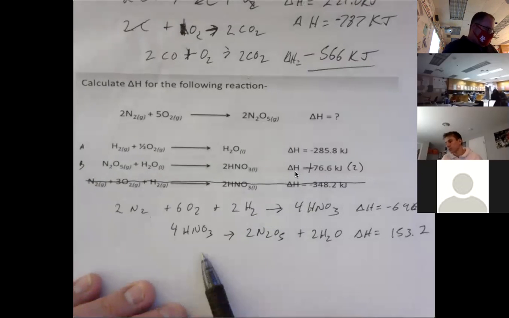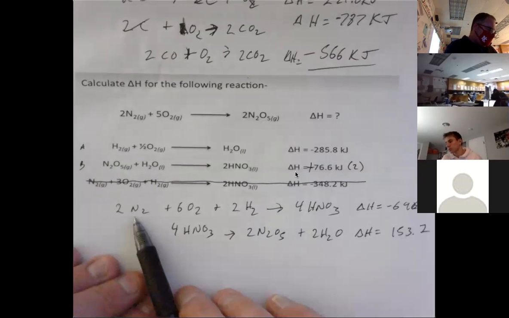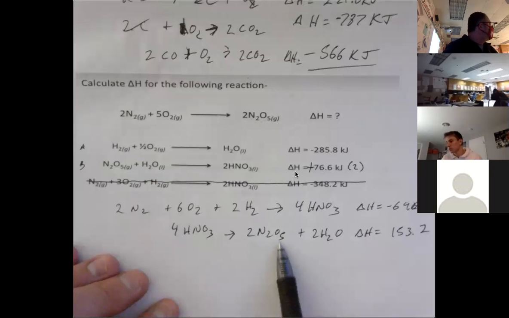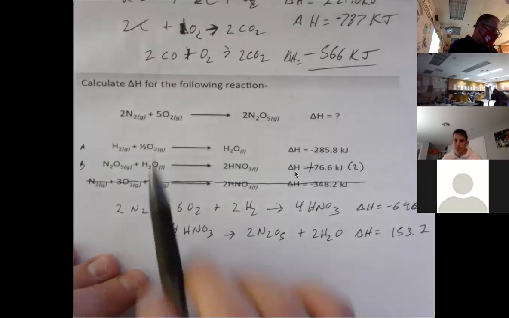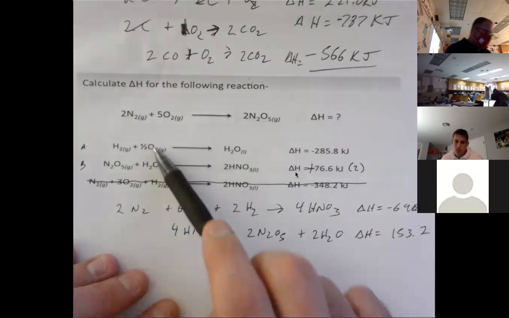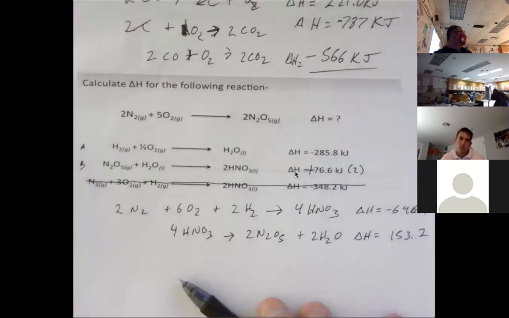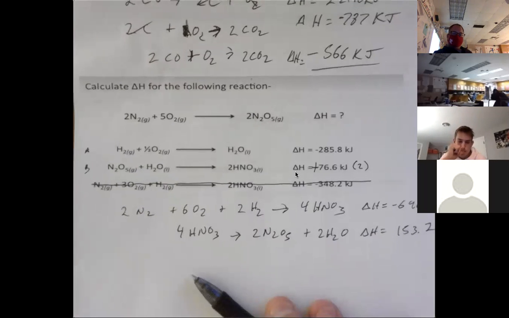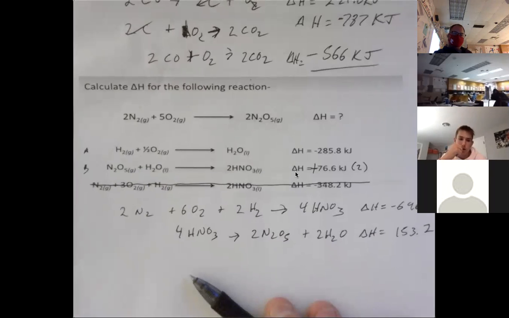All right. So now I have the 2N2O5. What do I need to do on the O2s? Somehow I got to get 5 O2s. What can I do to this guy to get 5 O2s? Multiply by 10.